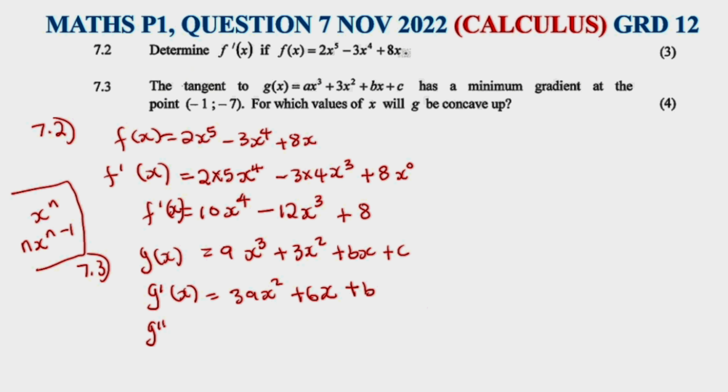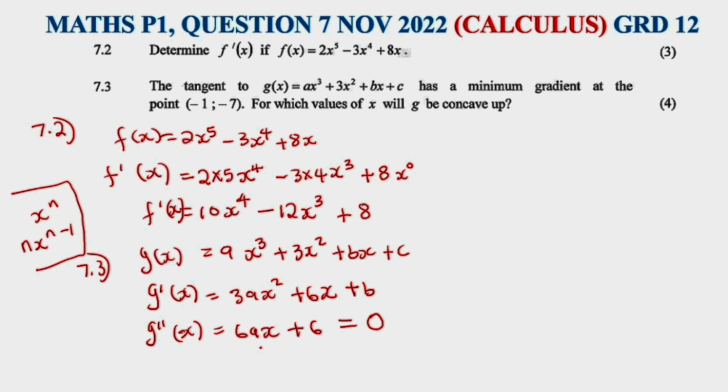Then you take the second derivative, which is equal to, you bring the 2 down, 2 times 3 is 6a, and then 2 minus 1 is x, plus bring 1 down is going to be 6, and then 1 minus 1 is 0, then x to the power of 0 is just 1. We get the point of inflection when the second derivative is equal to 0. There you go, we made it equal to 0 there.